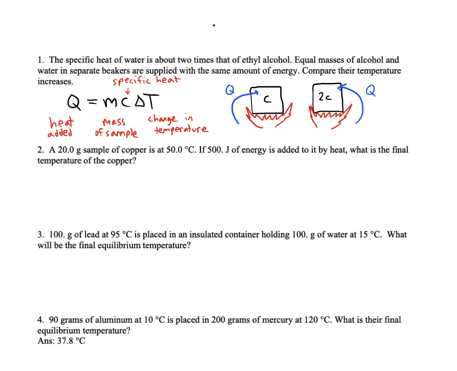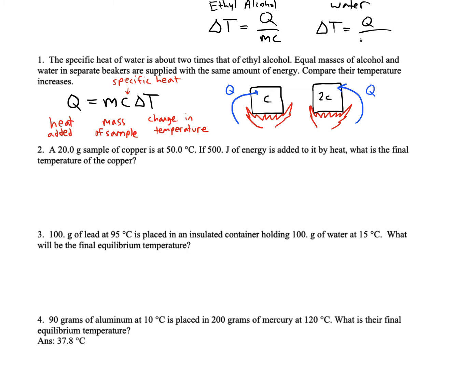So for the one, it's going to be delta T equals Q over mc. Now that could be for the ethyl alcohol. And then for the water, we'll do the same calculation.